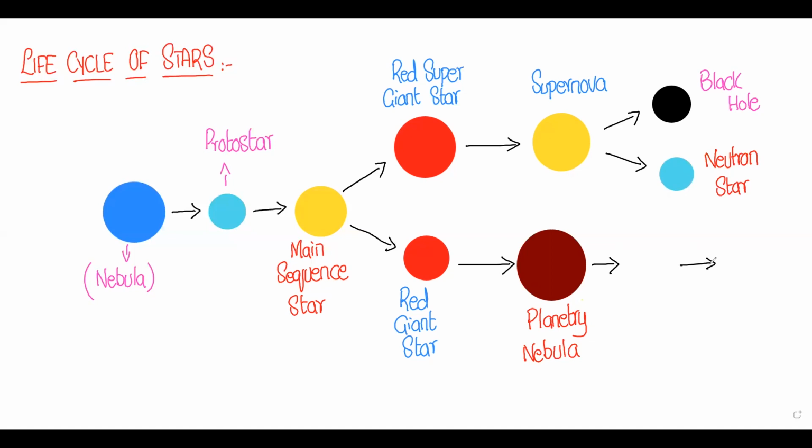White dwarf is white in color, but our screen is already white, so this is the white dwarf. And finally we have a black dwarf at the end. So you may observe that all stars end up either as a black hole or a black dwarf. This is a very simple flow chart for the life cycle of a star.